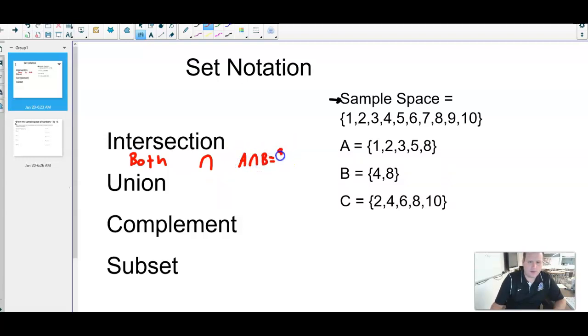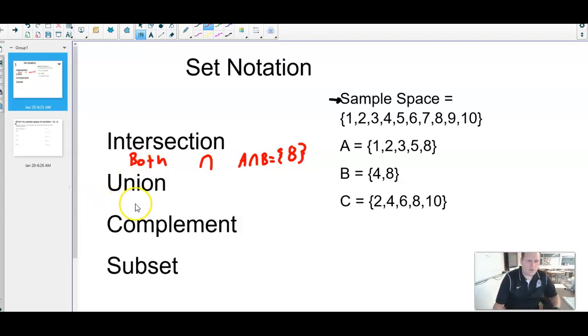I'm going to list any object that is in both A and B. It's got to be in both. So 1 is not in B, so I wouldn't list that. 2 isn't, 3 isn't, 5 isn't, but 8 is. So this would just be a 1 object set. That would be my A intersection B right there.